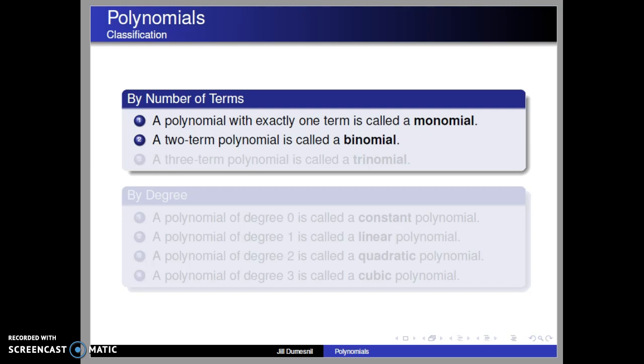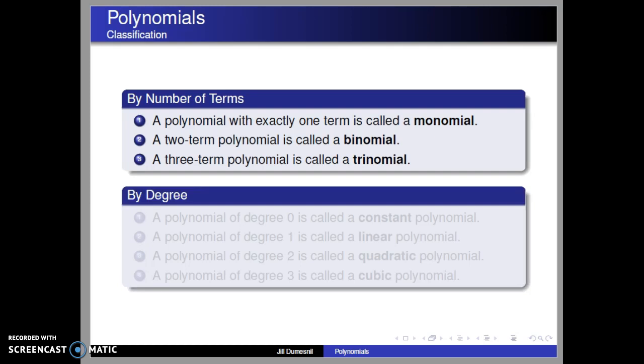A polynomial with exactly two terms is called a binomial. For example, 5x cubed minus 15x is a binomial. A 3-term polynomial is called a trinomial. For example, x squared plus 3x minus 2 is a trinomial.